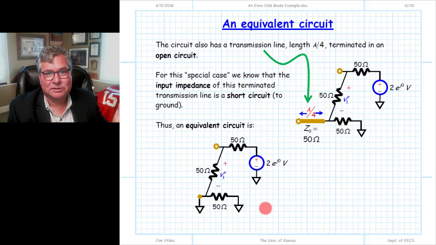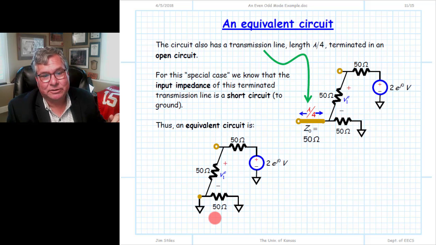And all of a sudden, this problem is looking much easier to analyze, because this looks very much like the kind of circuit that you might have had your freshman year in circuits class. And it's actually even a little bit easier than it looks, because if we notice closely, we see that this 50 ohm resistor now has ground potential on either side. In other words, the voltage across this resistor is 0.